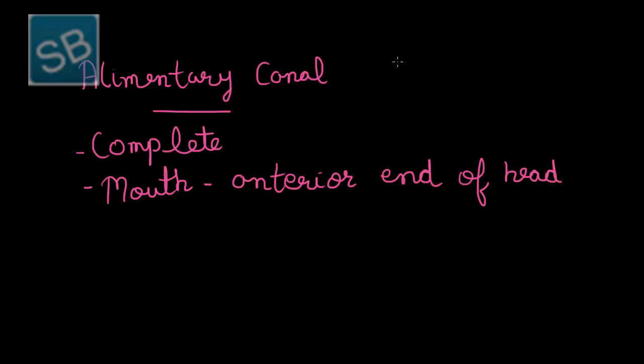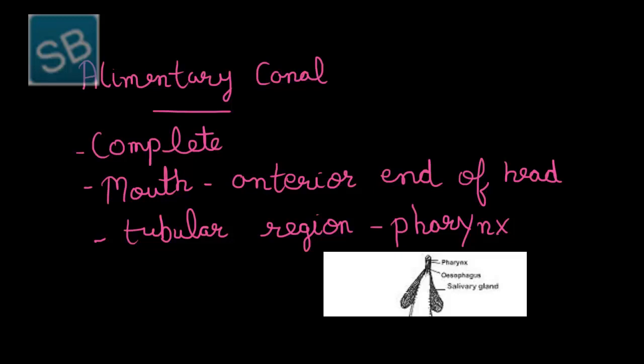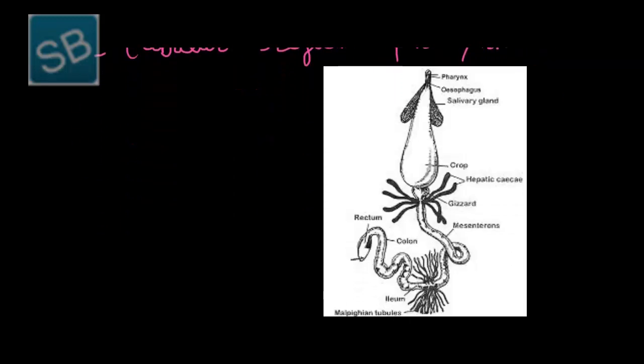Then following mouth, there occurs a tubular region known as pharynx. Now, as it can be seen from the figure, the mouth opens into a tubular region that is pharynx. Pharynx further opens into esophagus.